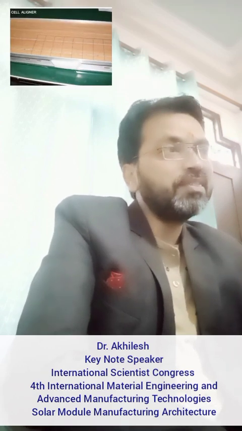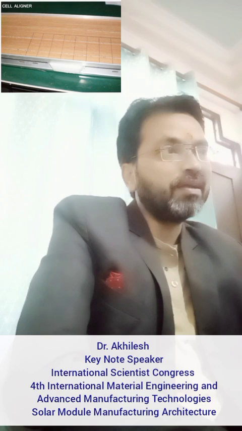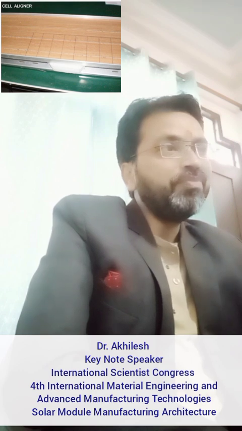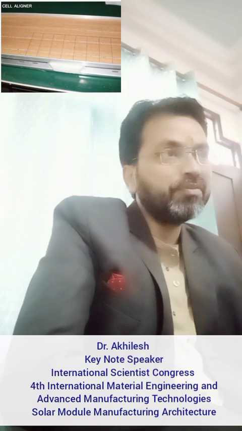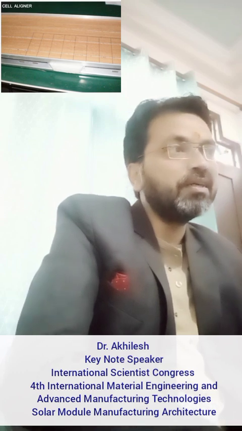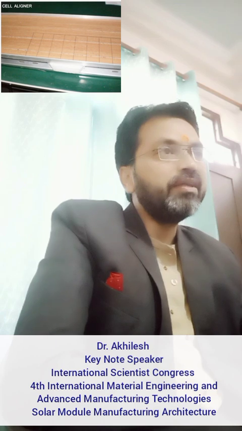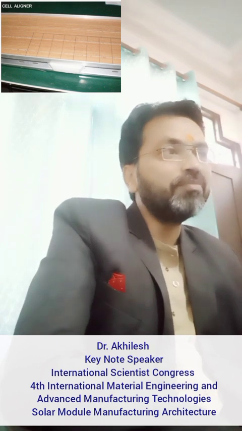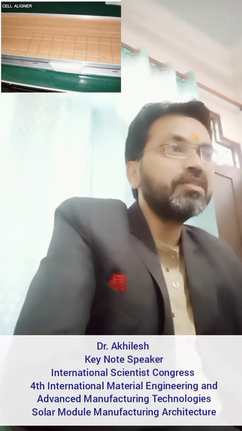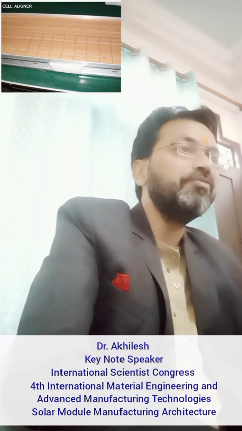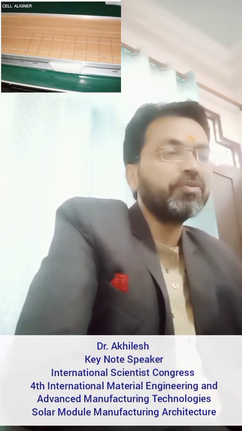Next slide, please. Yeah. This is a frame where we put it. It is a manual model. I chose this manual model because here you can see it properly. It comes in three forms: one is the manual model, one is semi-automatic, and the third one is fully automatic machines, where robots are used to connect these.